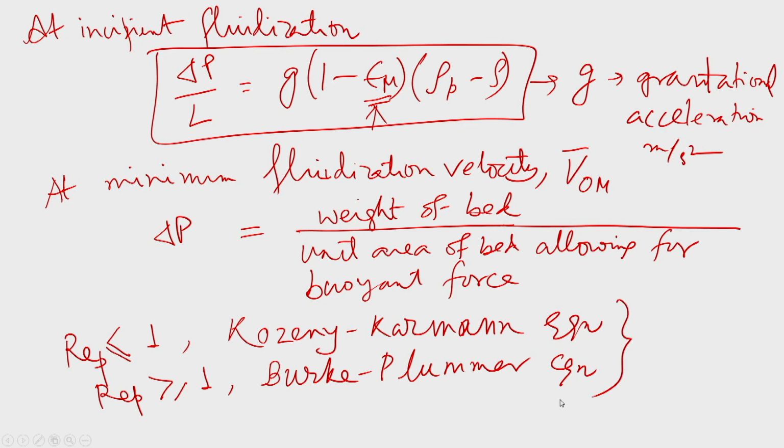So whenever we have particle Reynolds numbers ranging from very low to higher, we have this combined form.